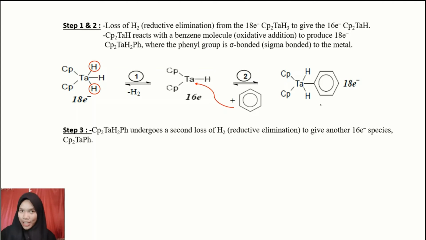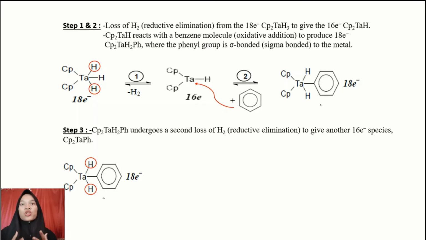For the third step, Cp2TaH2Ph undergoes a second loss of 2 atoms of hydrogen, which is a reductive elimination. This process gives another 16-electron species, Cp2TaPh.